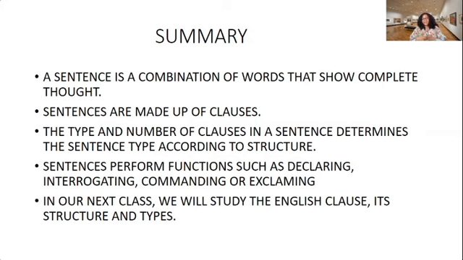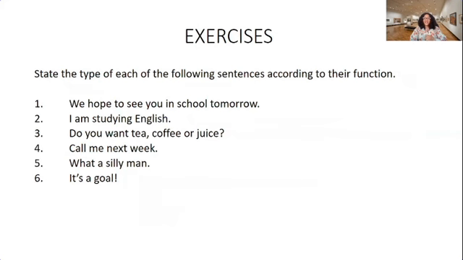In our next class, we will be studying the English clause, its structure, and its types. But before we do that, please take down the following sentences and attempt to do an analysis on your own. I have six sentences here. Identify their types according to function. Can you try to do that?